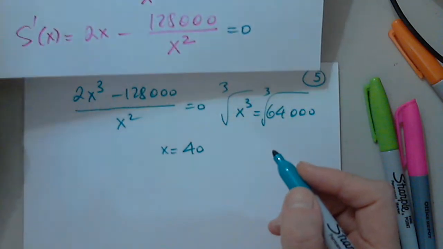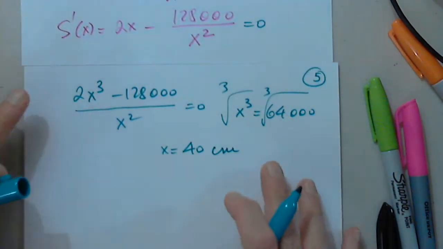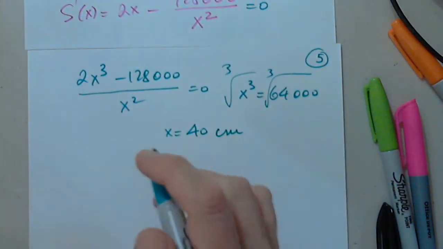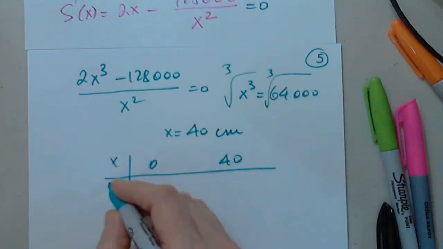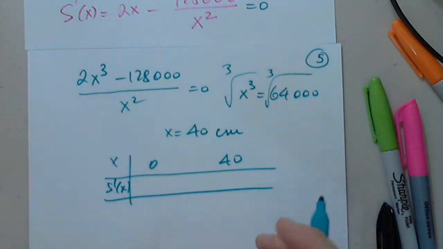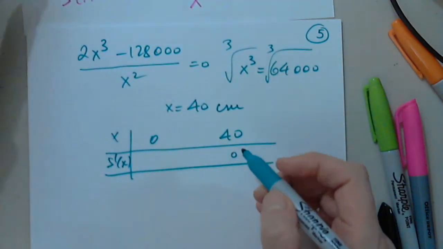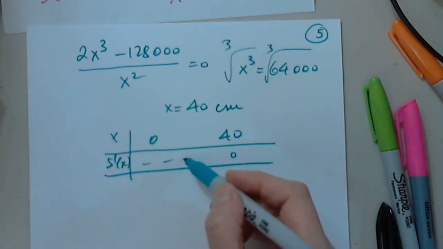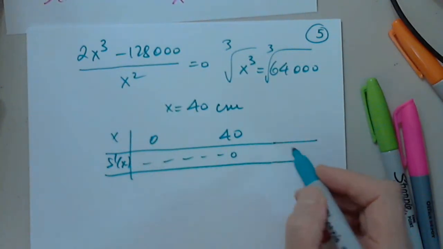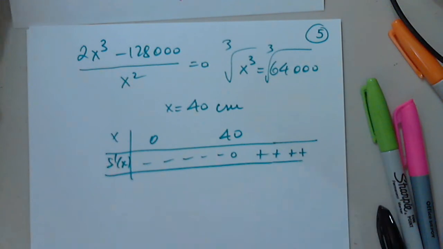Measurement unit, centimeters. Now we have to show that this gives a minimum. So for x between 0 and 40, S prime, and this is 0 at 40. When I plug in 0 here, I get negative. When I plug in beyond 40, I get positive.